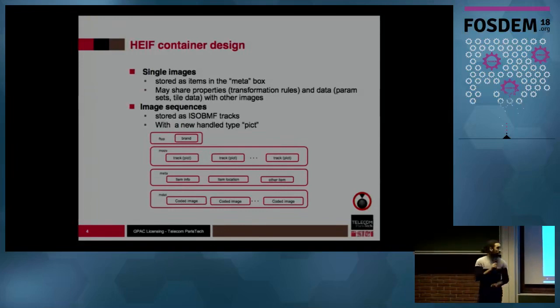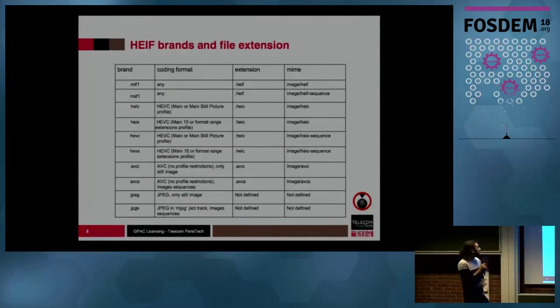You can also store image sequences as a usual BMFF track, but with the new handler type called pict. Here we have the different brands and file extensions. There are a lot of brands. For example, we have HEIC for one picture and HEVC for a sequence of pictures, and they both support HEVC.